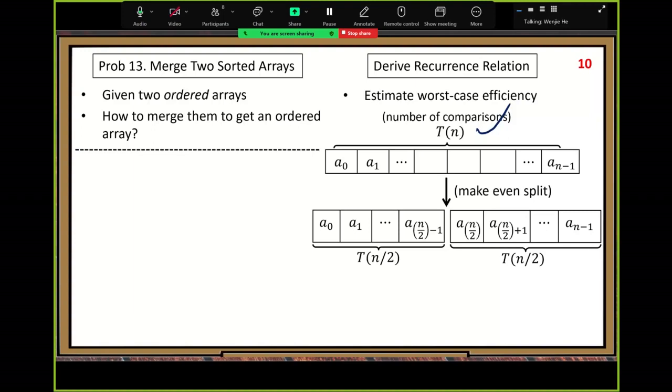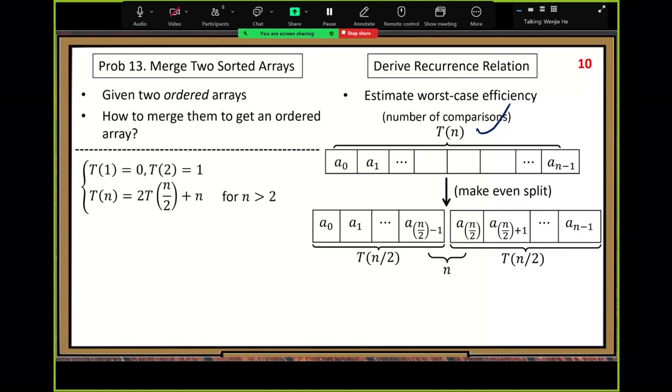Can we approximate and use n comparisons? The precise number is n minus 1, but we use n as its approximation, to make our formula as simple as possible.